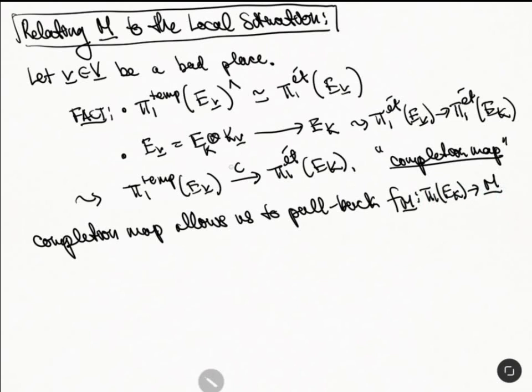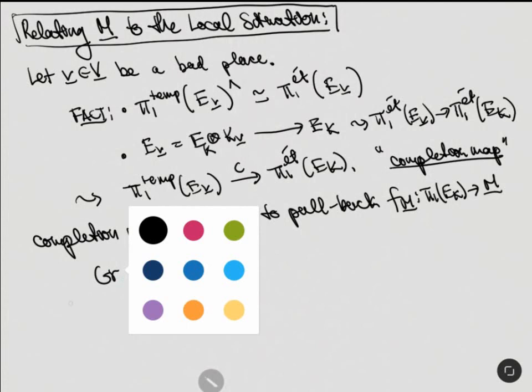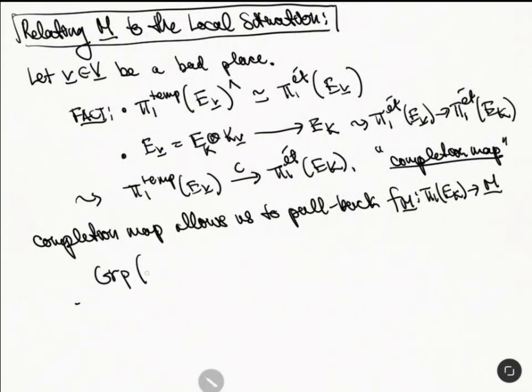Okay, so if we call this map C, then we get a map here from group homomorphisms from pi 1 tall of E K to M underline.